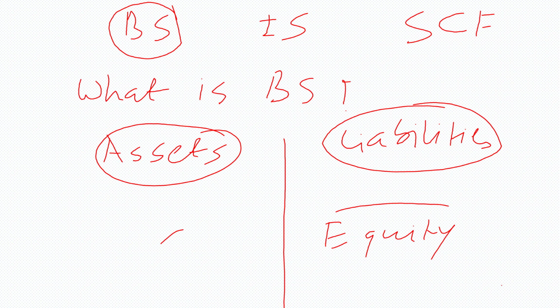And equity, this portion, is what the company is worth today, and it represents how much is left to the owners of the company after deducting all liabilities from company's assets.